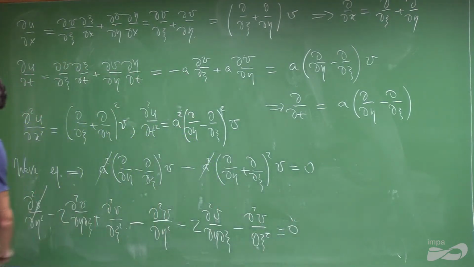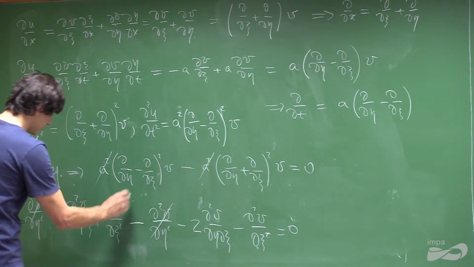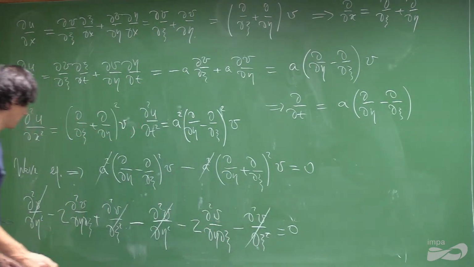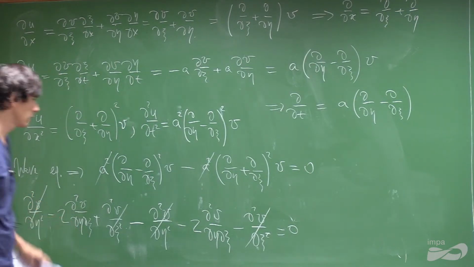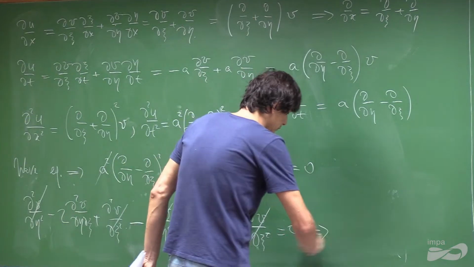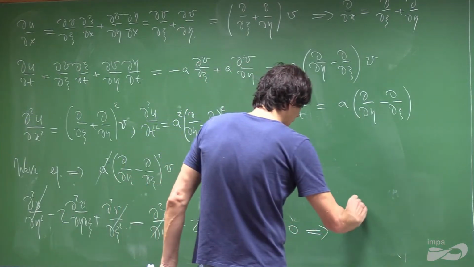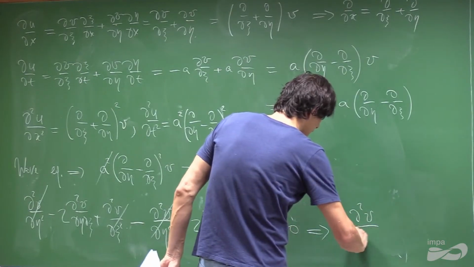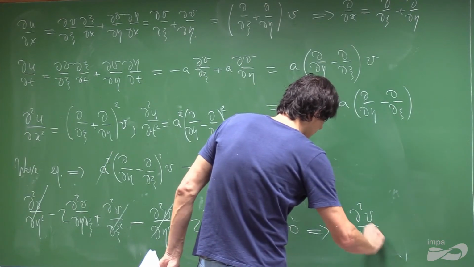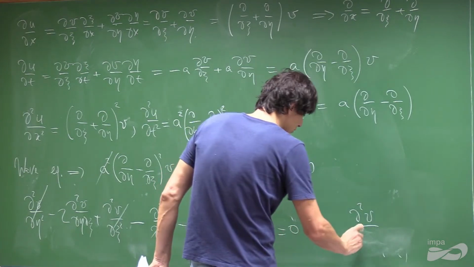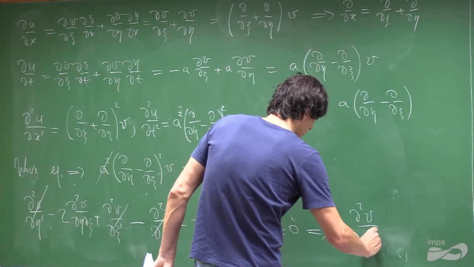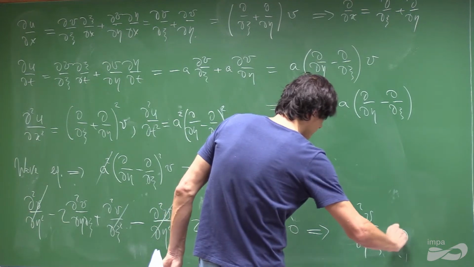And most of the terms will cancel, and these terms together will give a minus 4 by this cross double derivative. So at the end, we get that the second derivative with respect to xi and eta, or eta and xi, it doesn't matter which order, is 0.